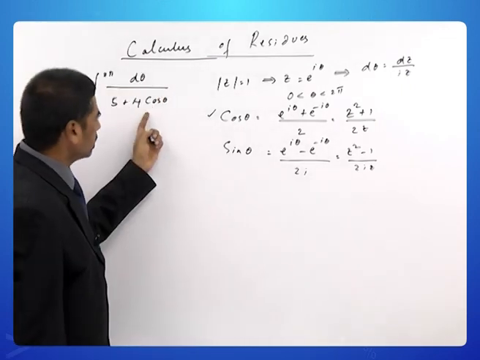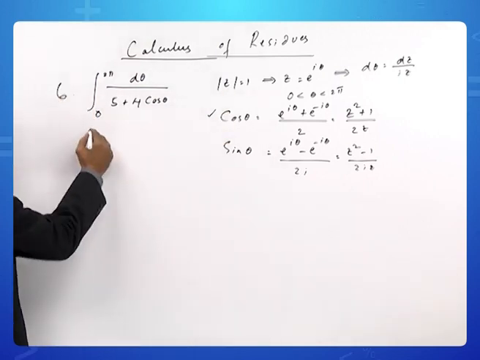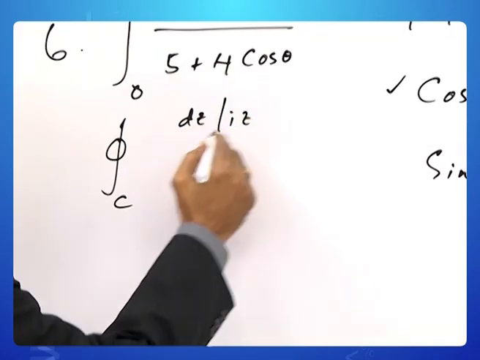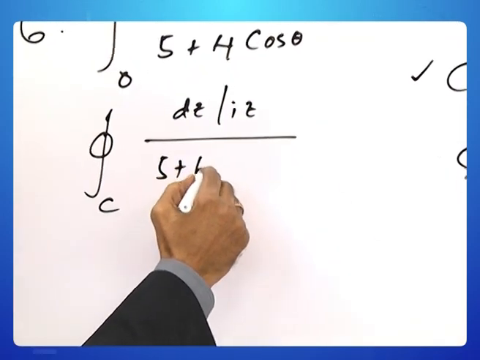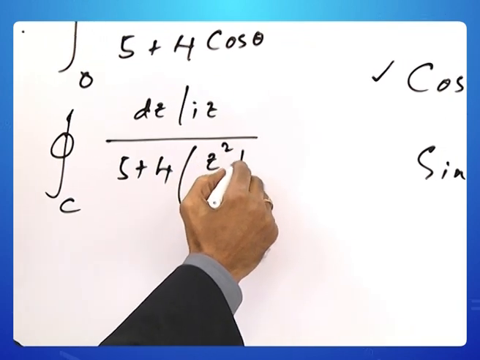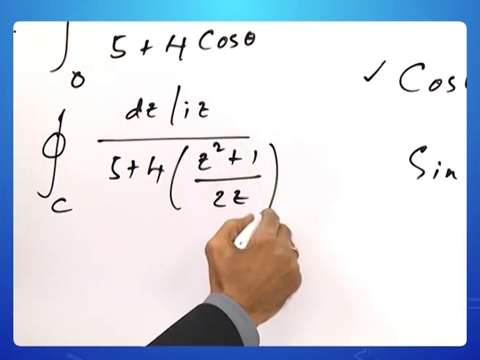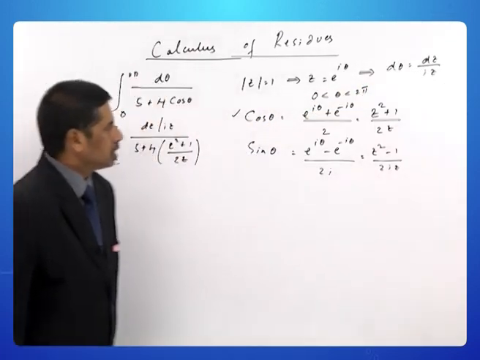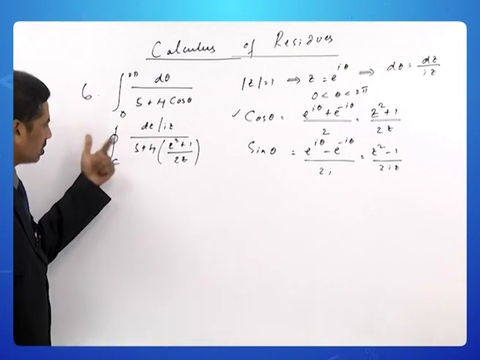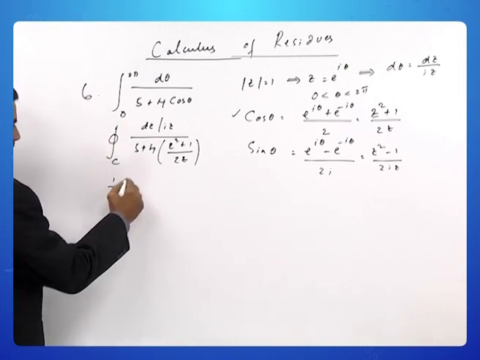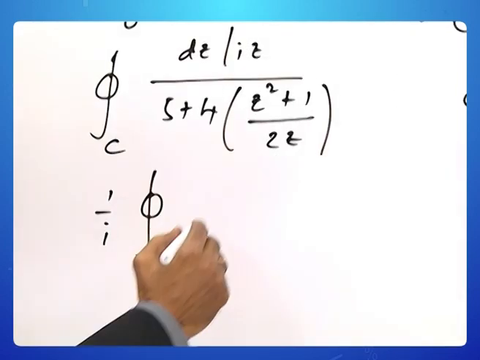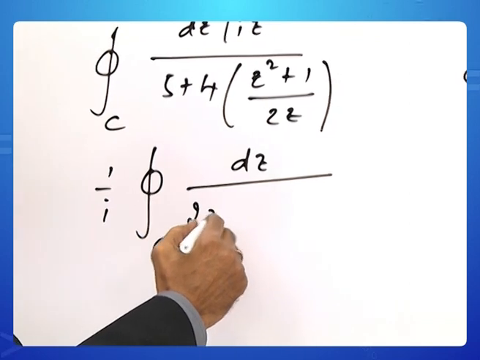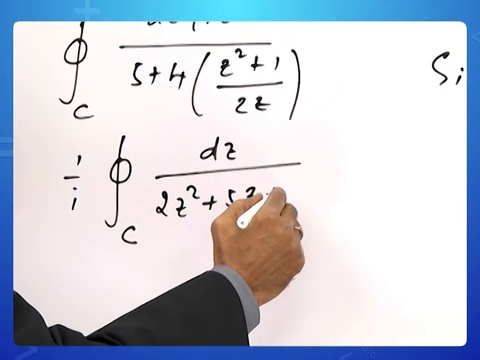So now this integral will be transformed as the integral over c of dz by iz by 5 plus 4 into z square plus 1 by 2z, using this cos theta and that d theta. When you simplify this, you get 1 by i, contour integral dz by 2z squared plus 5z plus 2.